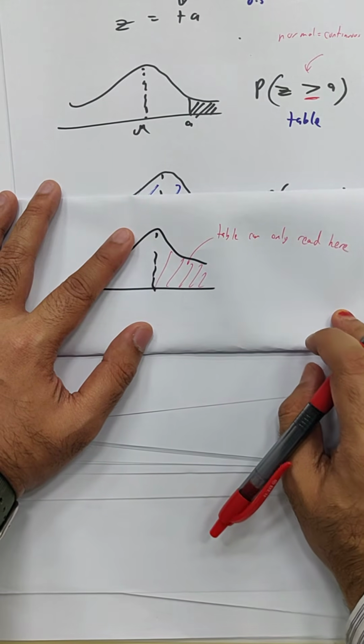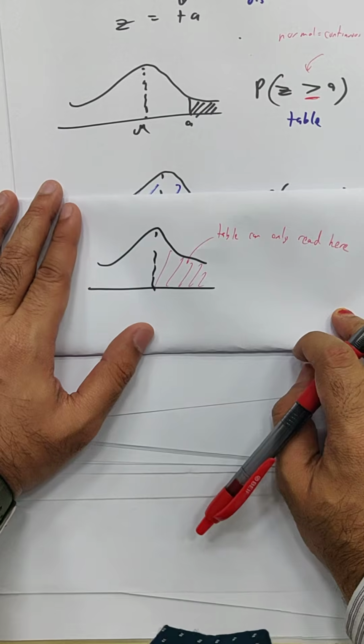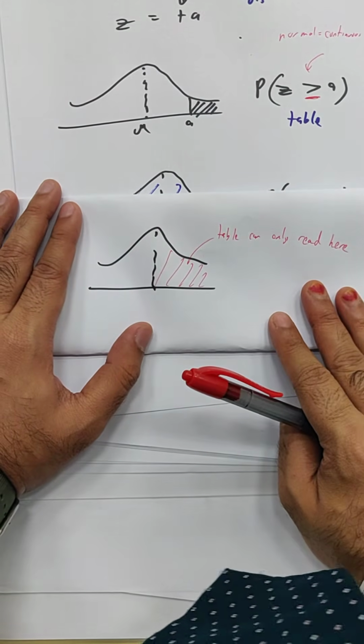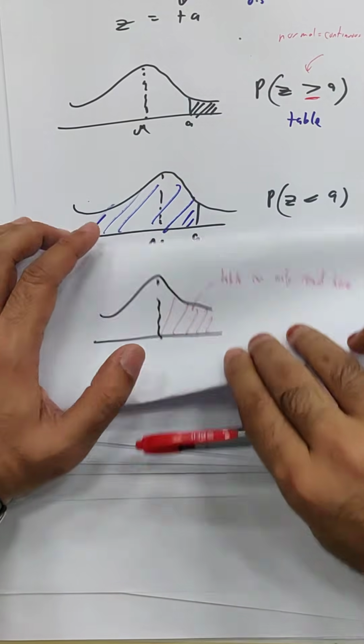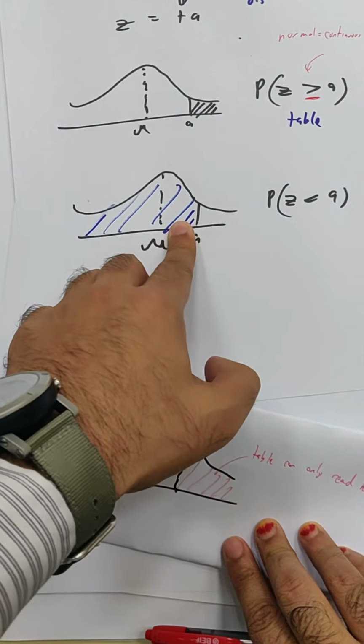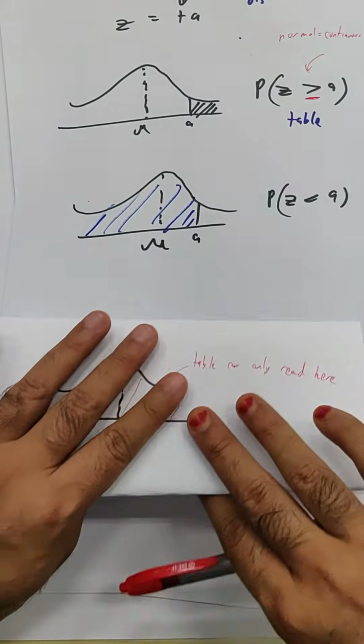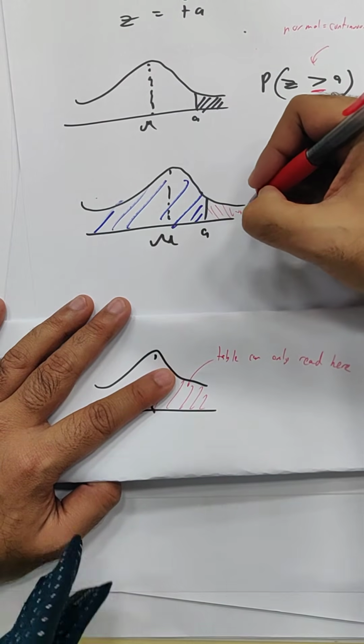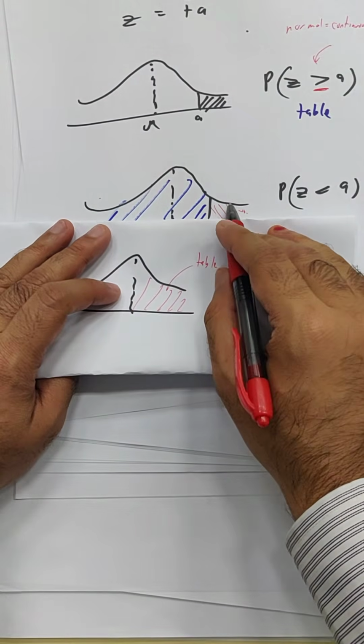And what's more, only half of it, not more than that. If it's slightly more, if it's in the other direction, then the table can't read. So here, the table could not read it. But where can the table read? The table can read over here. You agree with me? It's in this region.